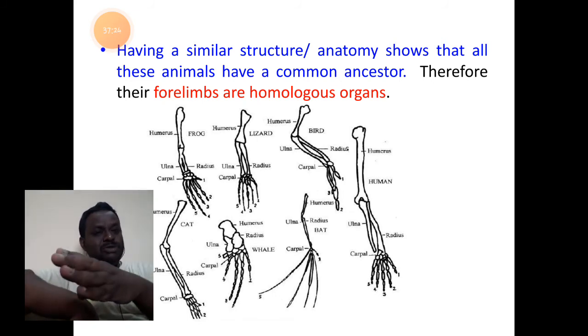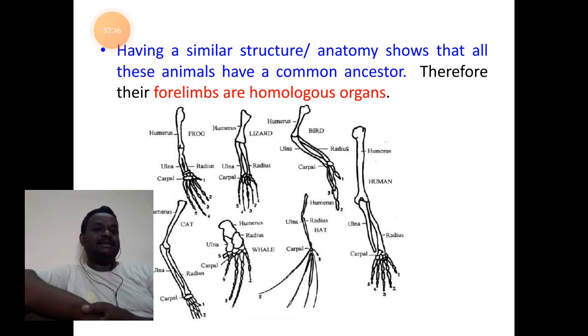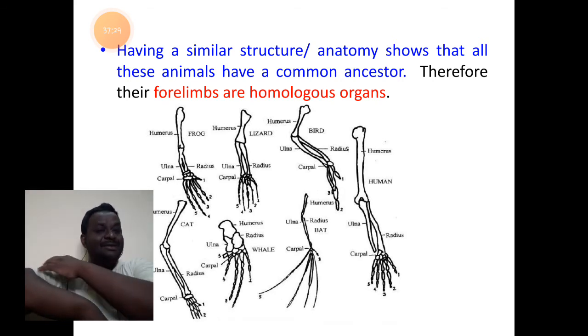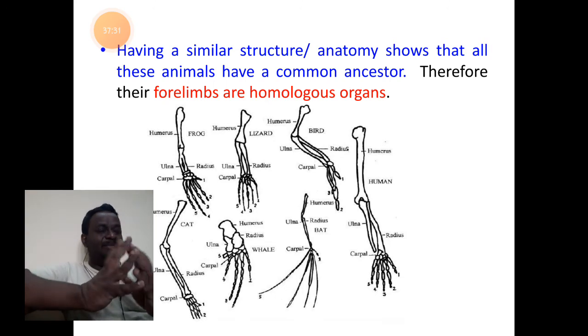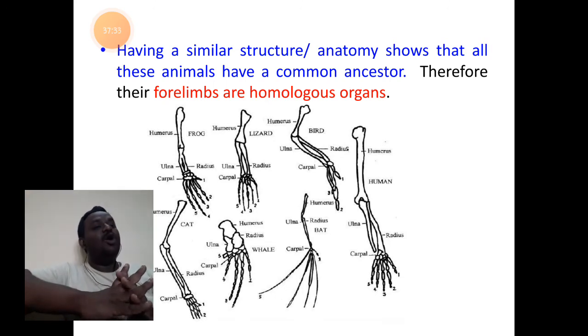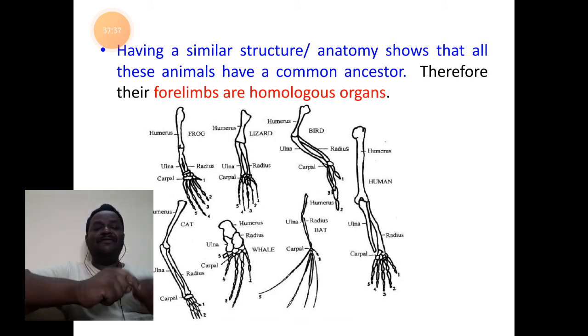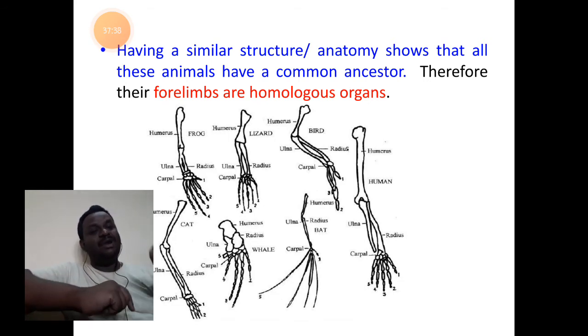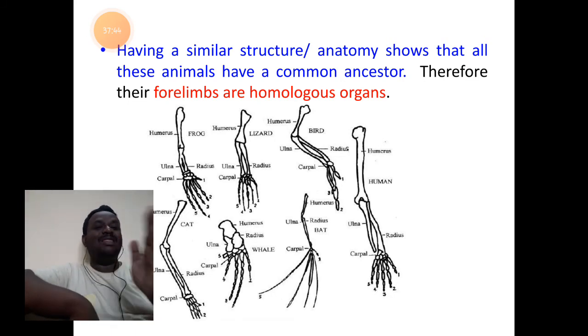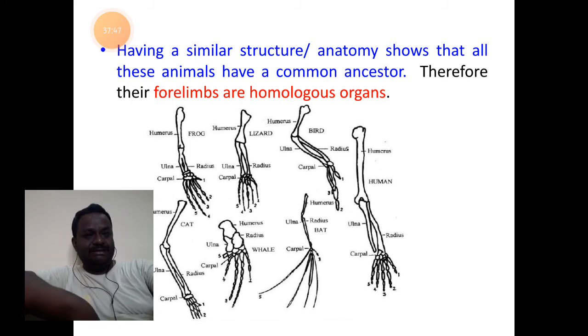So the forelimbs of all these vertebrate classes, where you find similar anatomical details, are called homologous organs. Again and again, when we repeat this concept, you have to remember that this is the basic body plan of forelimbs in all the vertebrate classes.